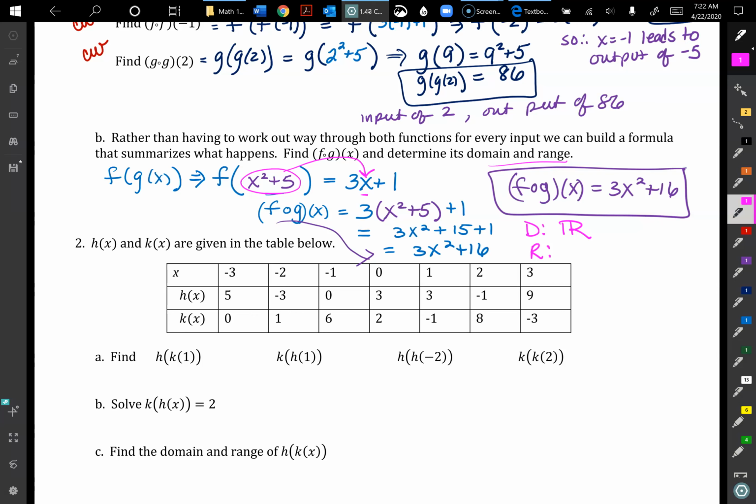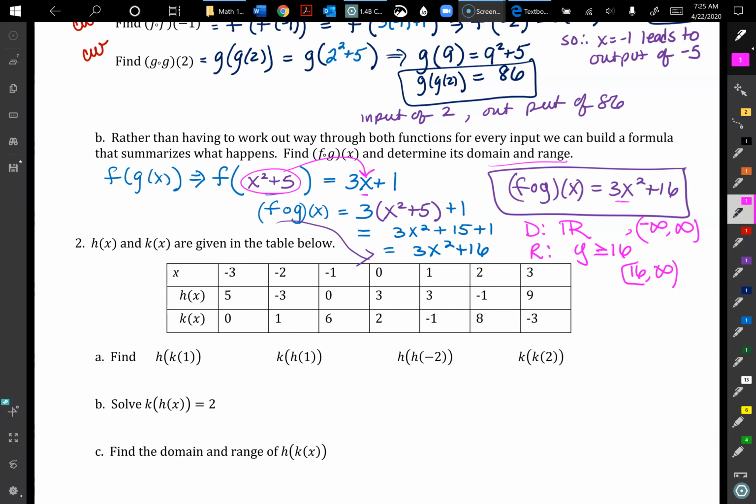If it's -1, it would be higher than that, right? Because the square always makes this first term positive. So we would have y is greater than or equal to 16, or a lot of times just write it as 16 to infinity like that. And you could write the domain as -infinity to positive infinity as well if you want to use interval notation. So I've written both there.